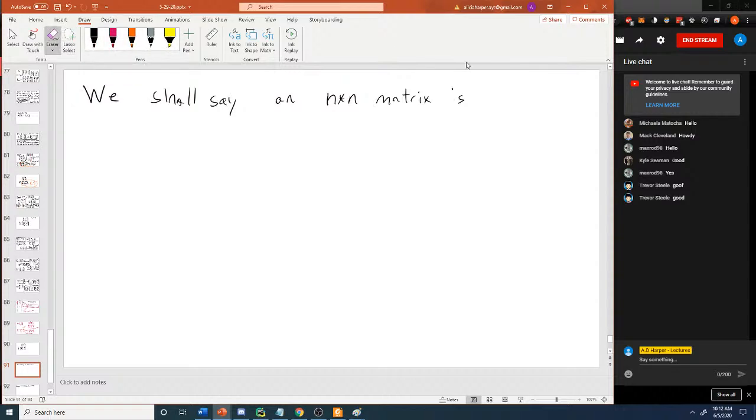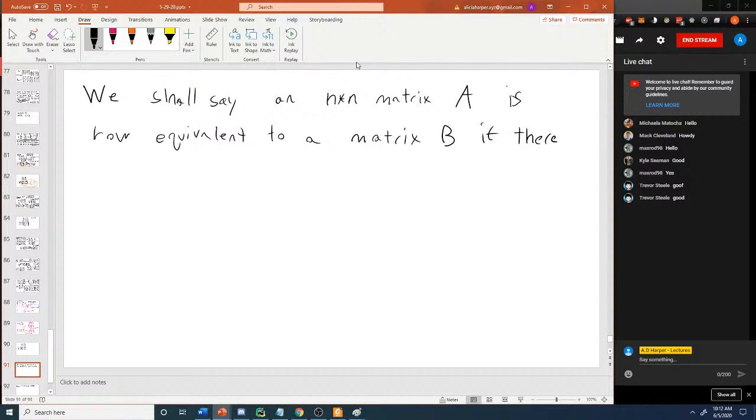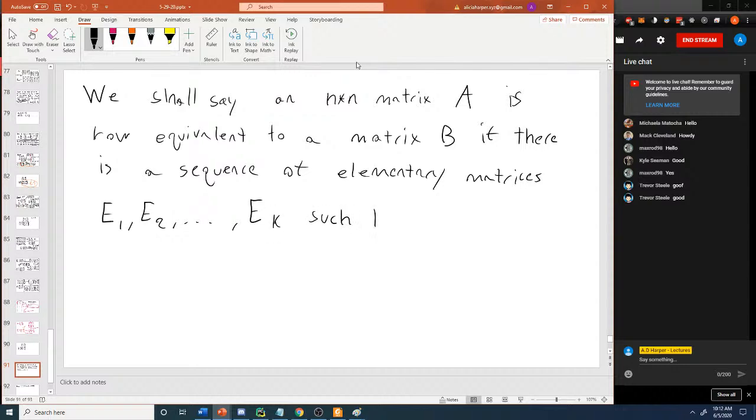We shall say an n by n matrix A is row equivalent to a matrix B if there is a sequence of elementary matrices E1, E2, all the way up to EK, such that B is equal to EK times EK minus 1 times and so on, times E1 times A.